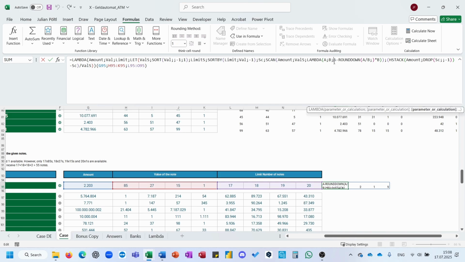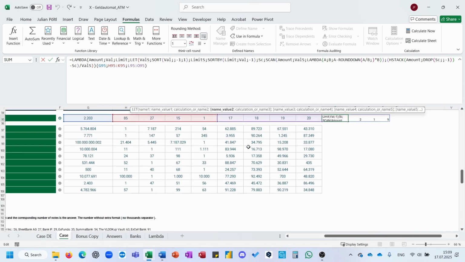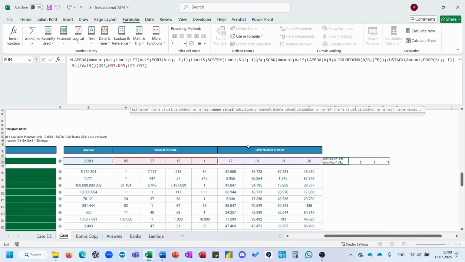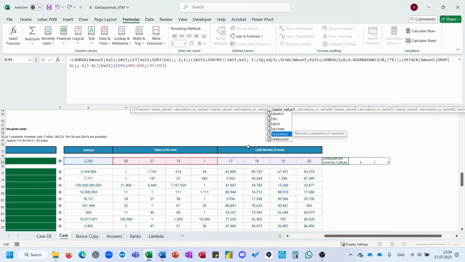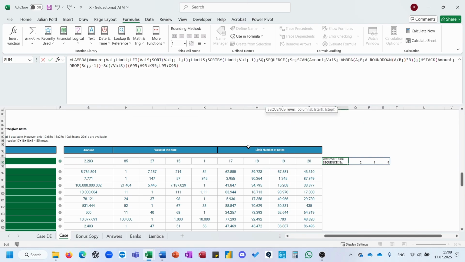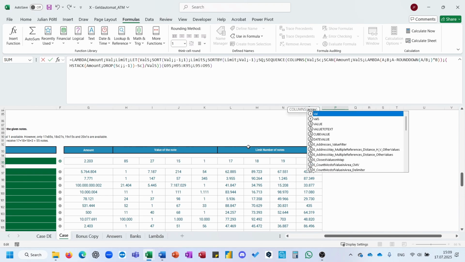So here I also want to include the limit, but I now have a problem because I only used scan here. And I want to have this adaptable. So SQ is a sequence of columns of one of the inputs that is an array, so val.